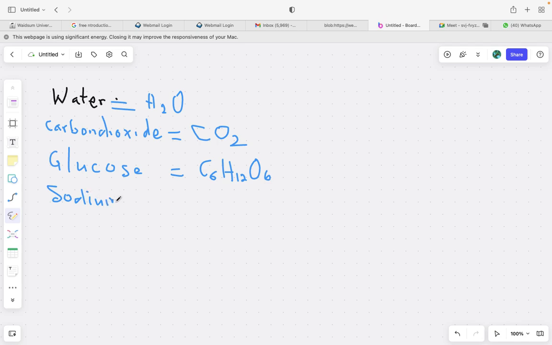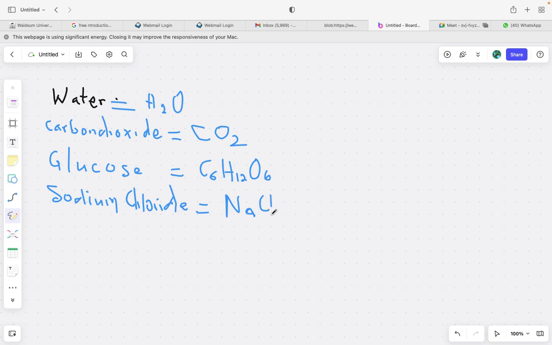Let's finish writing this one first. Sodium chloride, carbon monoxide. Anyone you mention, tell me the formula. Sodium chloride is NaCl, right?